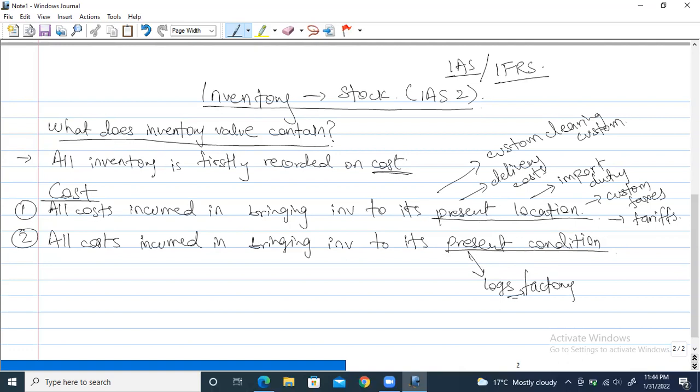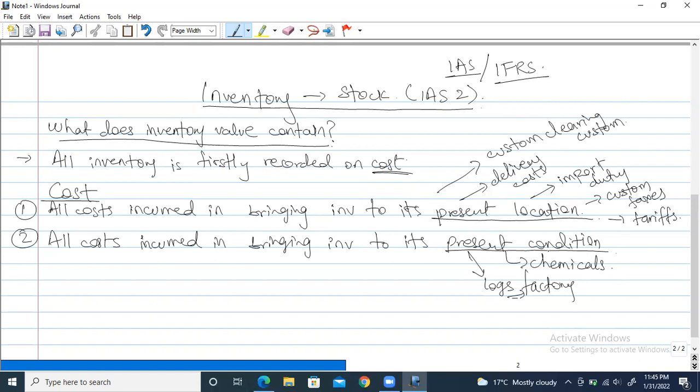In the factory, they obviously cannot use the logs as they are, the way they came in. They have to process them in some way. They have to apply some chemicals to make the wood longer lasting. They have to finish them and polish the wood before being able to make the furniture.